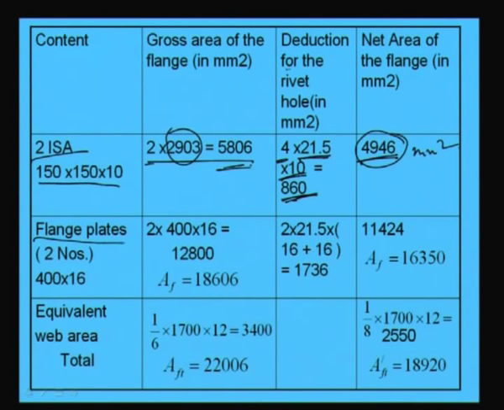Similarly, for flange plates, 2 numbers of flange plate of 400 by 16. So, the area will become 2 into 400 into 16, which is equal to 12,800. So, the area of flange is becoming this, and the deduction for hole will become 2 into 21.5 into 16 plus 16, that will become 1736, because 2 plates are given, right.